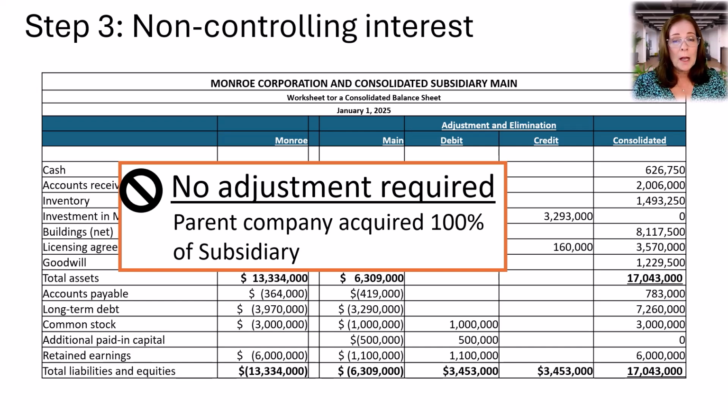So that's the full process for 100% acquisition. Adjust the subsidiary's assets to fair value, record goodwill, eliminate the investment in the subsidiary's equity accounts, and combine what's left into one consolidated balance sheet. Adjust it accurately, eliminate it completely, and combine it into a single economic entity.